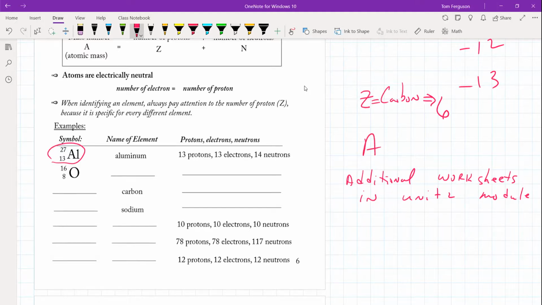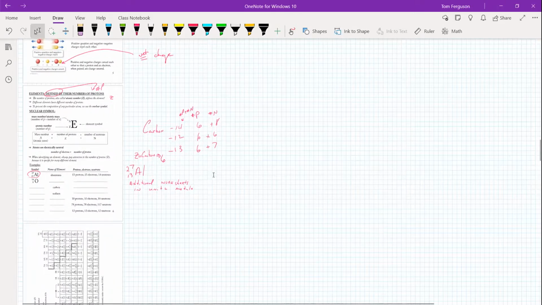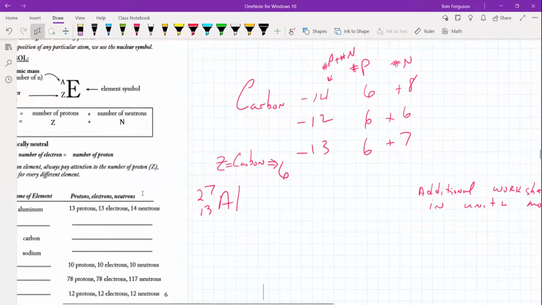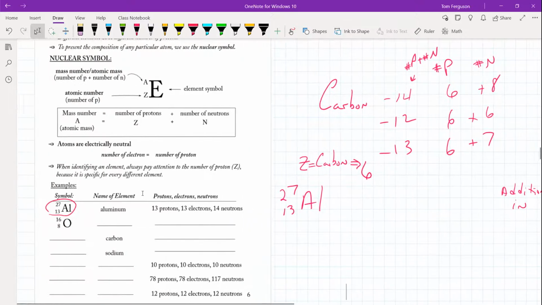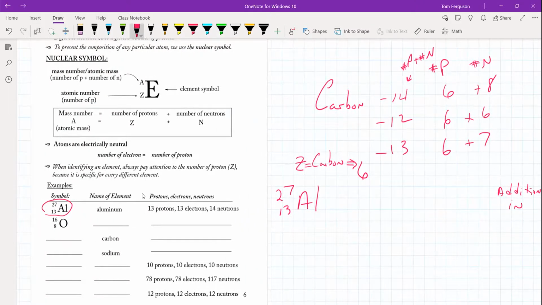Okay, so this would be aluminum-27, not just plain aluminum.